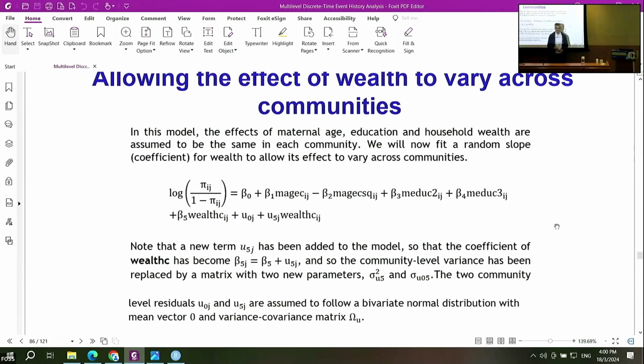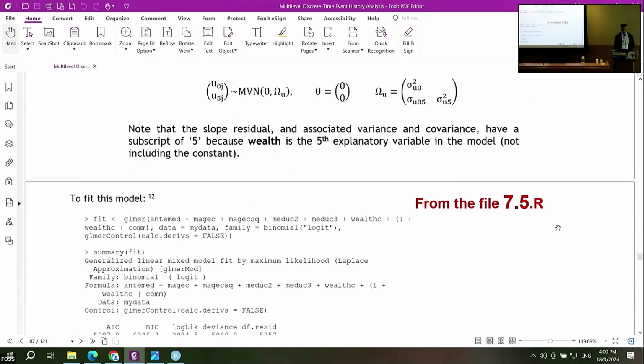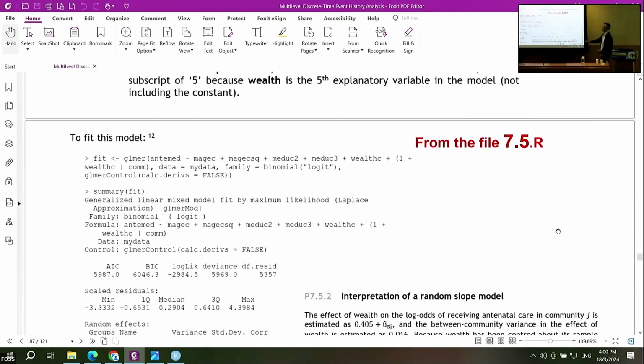So here we're thinking that the effect of wealth differs between communities, and to fit that, we just need to include 1 plus wealth in the random part of the model.